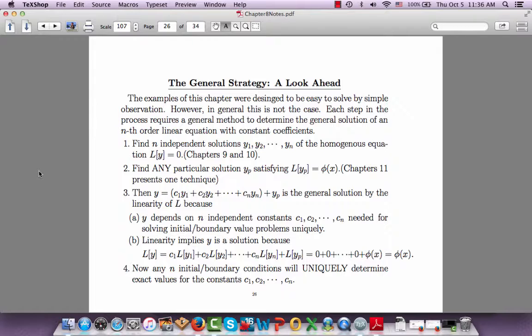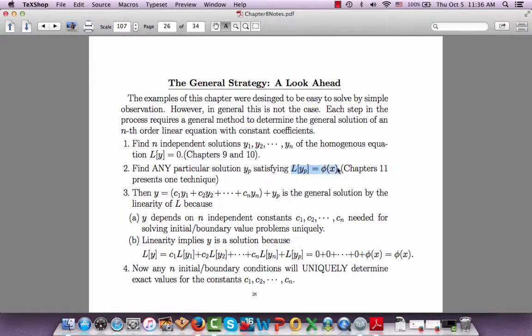Video for chapter 8, I just want to go over the general strategy that we're going to use to finish out this course in the next few chapters. Generally, what we're going to be given is a linear equation with constant coefficients. So we're going to have some equation L of y equals phi of x.